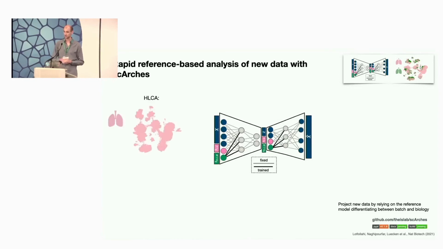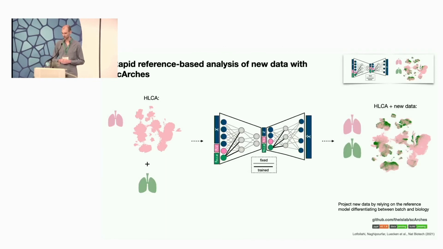So if I have the human lung cell atlas, I map on top a query data set, for example, what Nir just showed as well, with the Travaglini et al. data set mapped on top of the Tabula Sapiens lung. Run it through an scArches model, which slightly adapts the trained reference model to map this new batch on top, and thereby adapting the batch correction. We can generate an embedding of both of these data sets.